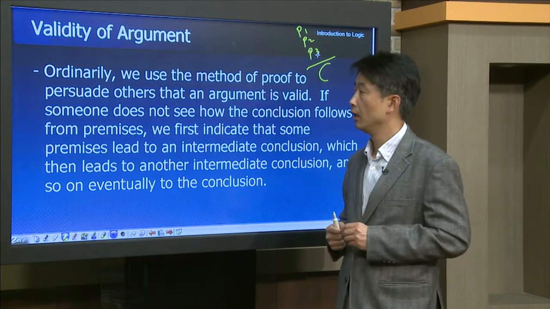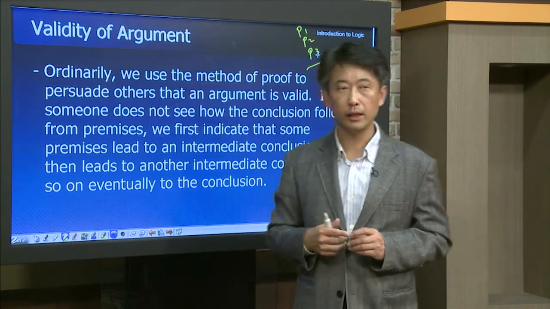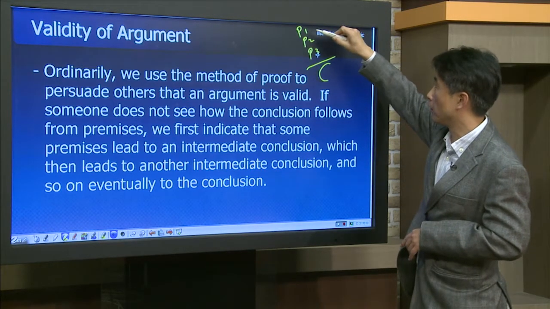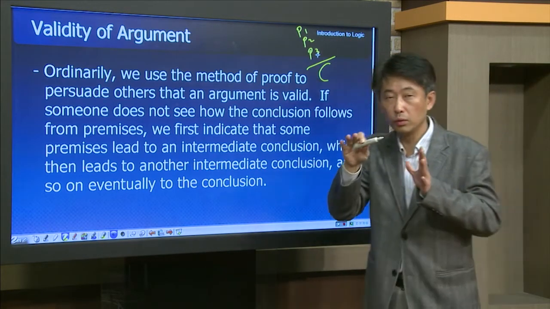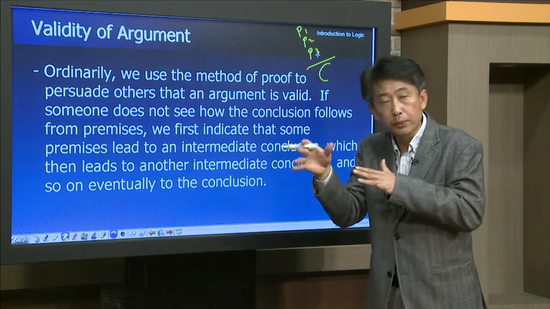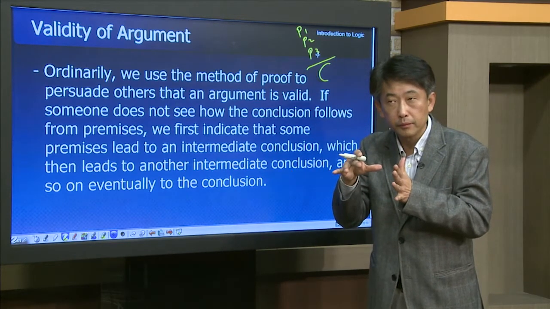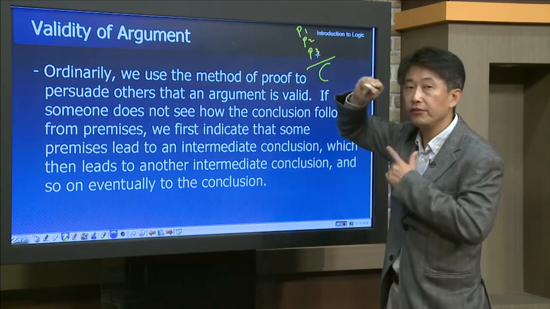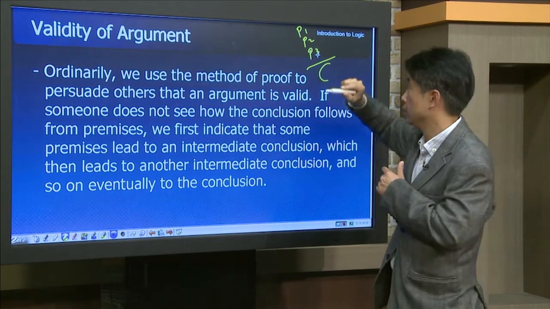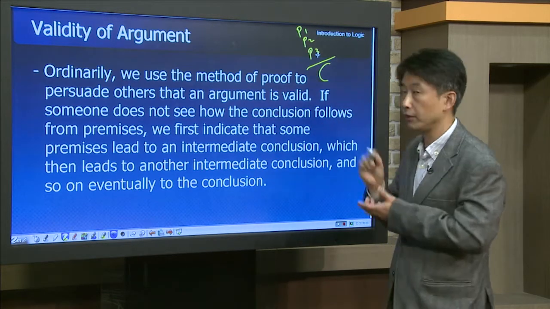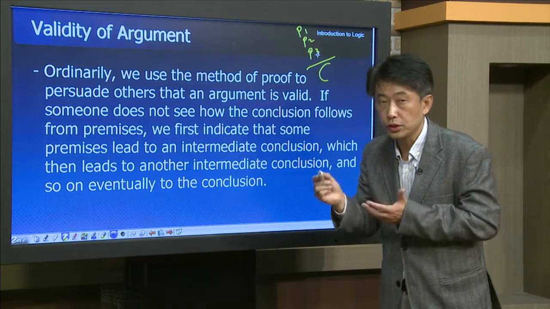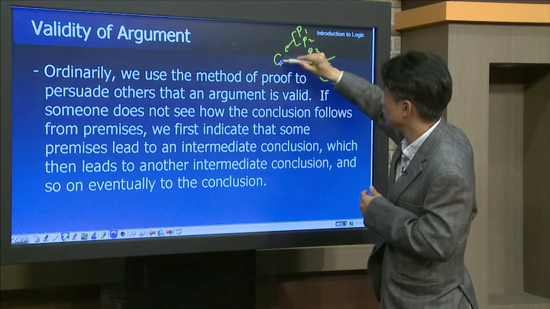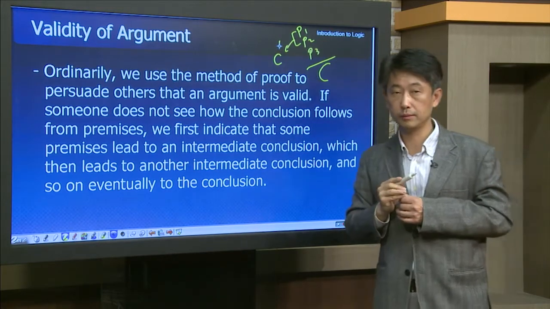What we do ordinarily is, well, if you don't see that C follows from P1, P2, P3, you guide the person step by step. You tell the person, well, even if you don't see immediately that C follows from P1, P2, P3, don't you see that P1 and P2 justify C prime?